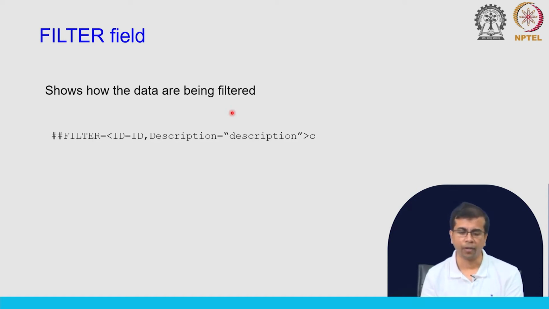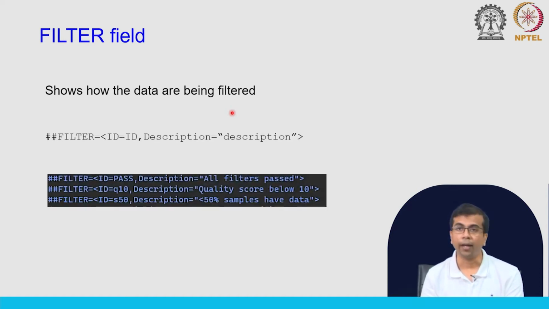What you have here are some examples from an actual VCF file. So, you can have FILTER ID equals PASS, description all filters pass. We have just mentioned this. If the variant passes all filters, then you will just use this PASS in the filter field.